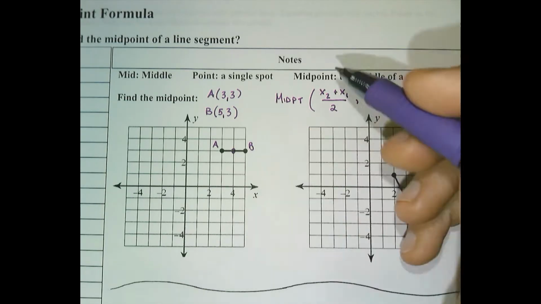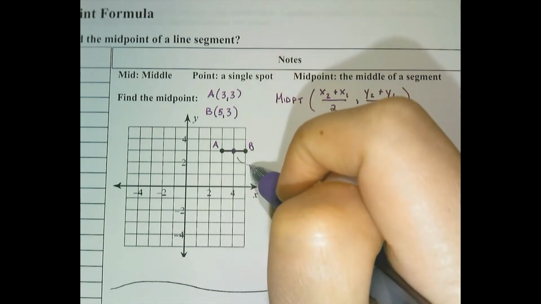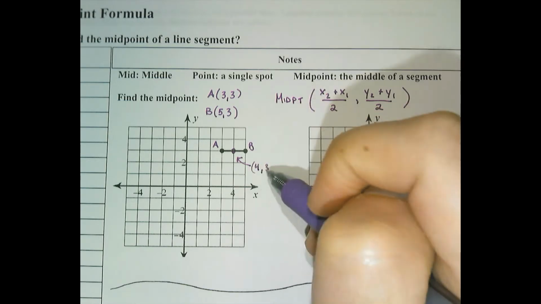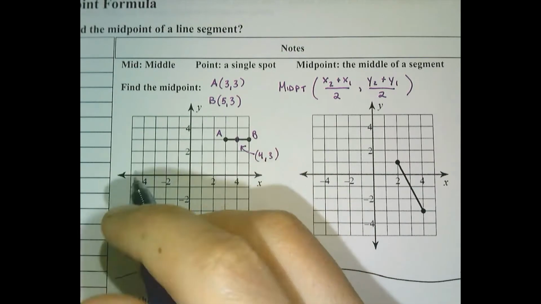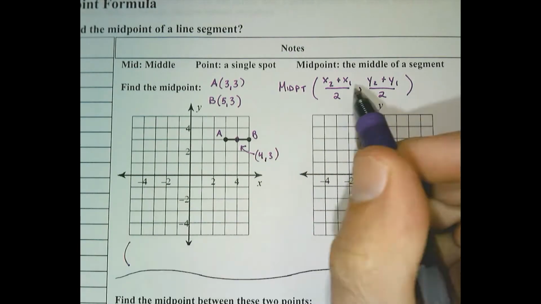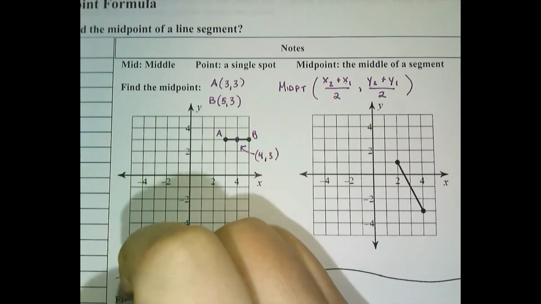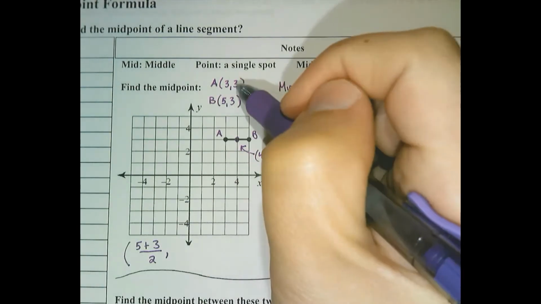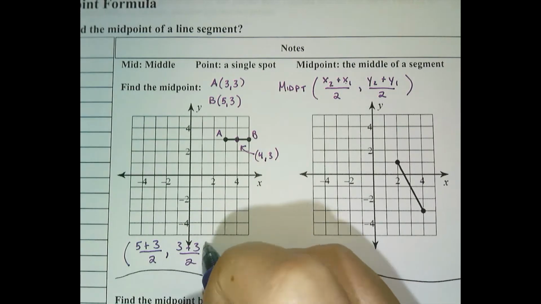It's the formula we're going to use on these numbers to confirm whether or not 4, 3 is in fact the midpoint. So let's do that down here below. The average of the x values, x2 plus x1, would be 5 plus 3 divided by 2, and the average of the y values would be 3 plus 3 divided by 2.